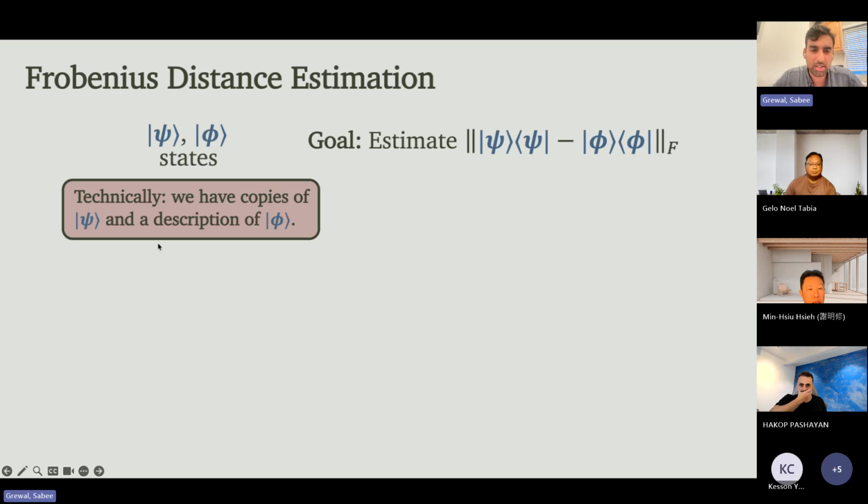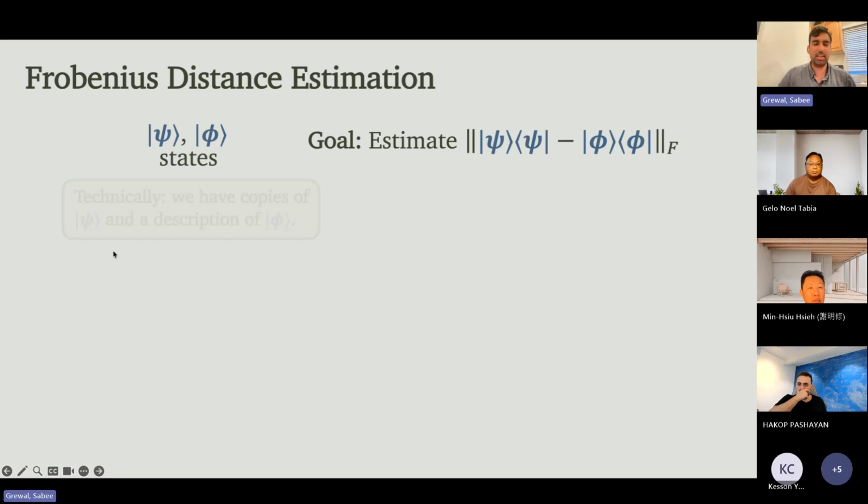But it's okay to just think of this as having copies of both because we can simulate copy access if we have the description. So just to keep things simple, imagine the scenario where we have copies of both, and we want to estimate the Frobenius distance.